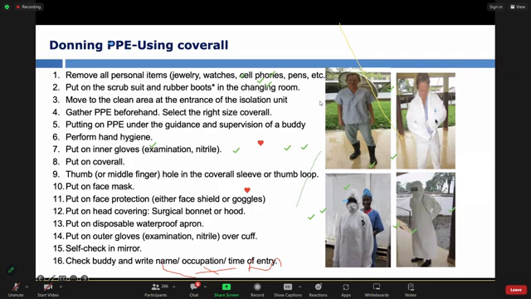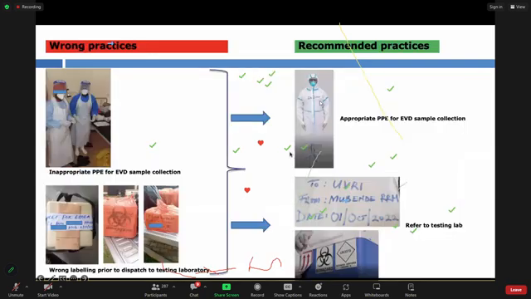Kindly move to the next slide. These guidelines of donning are available. Obviously, there are wrong practices of donning that are inappropriate. You realize that the individuals in there had improperly adhered to the PPE code.